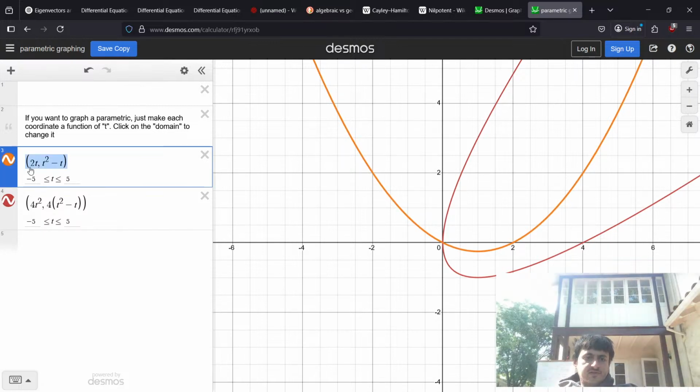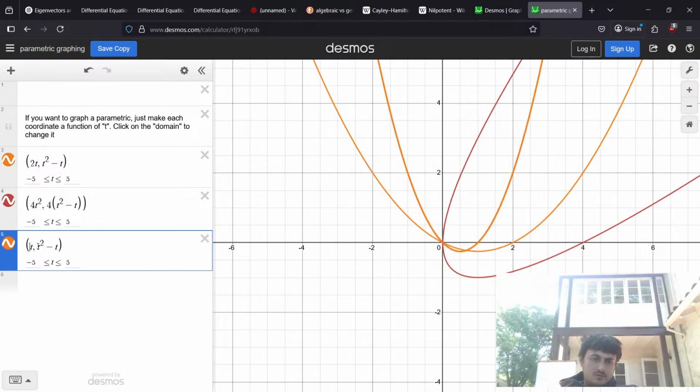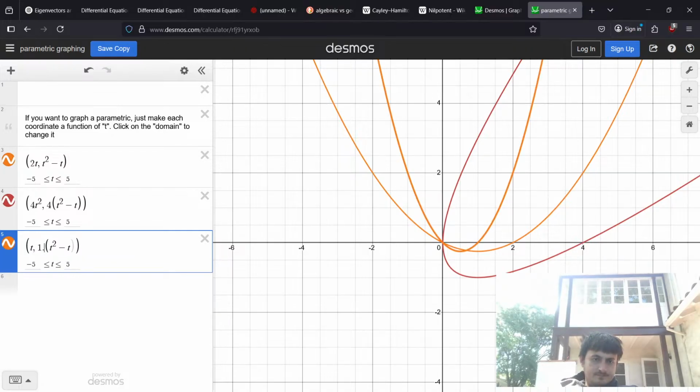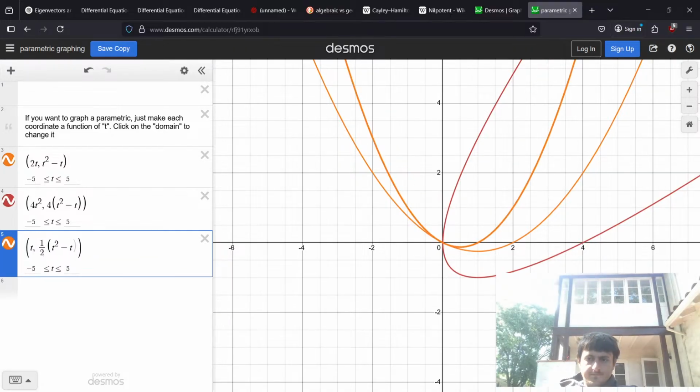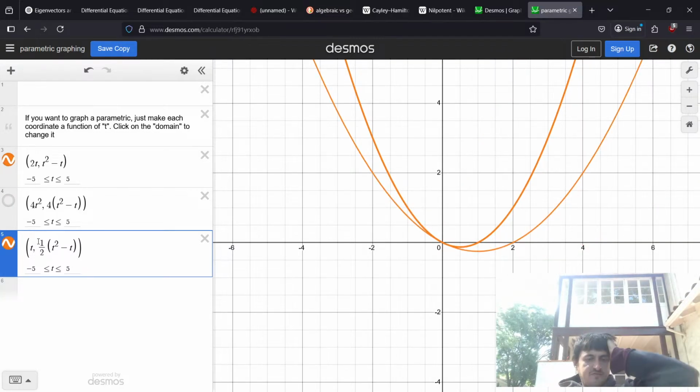Oh, I was also curious. If I do this, so they're not the same parametric curve. You can't just do that. So that was already mistake number 1.